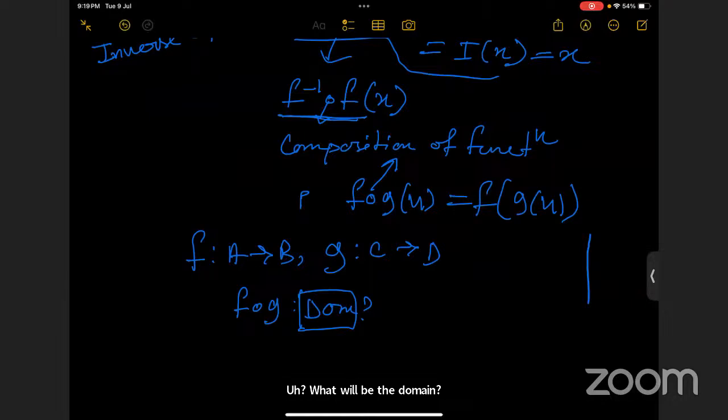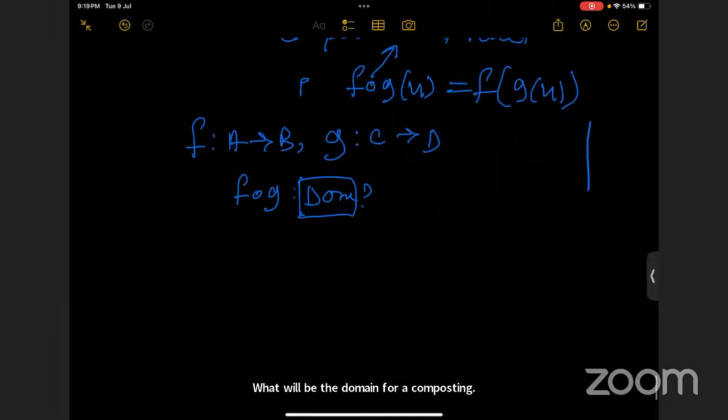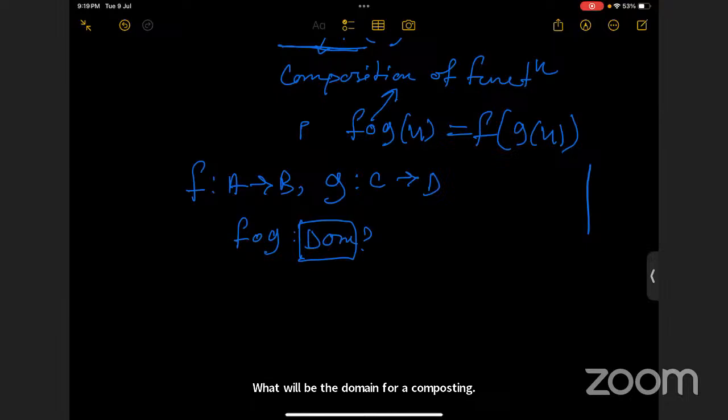The intersection of A and C. Why? Maybe union, A union C. It could be any of these.